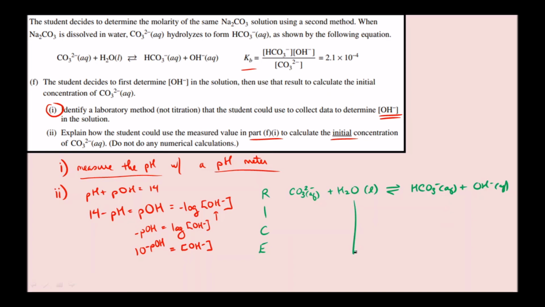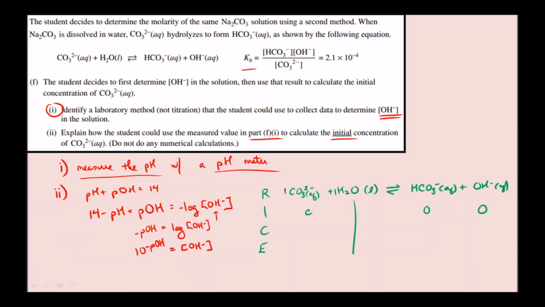And so what do we know about the initial condition? Initially we have 0 bicarbonate and 0 hydroxide. And we have some concentration of carbonate. So we'll just call that C. It's an unknown. And then the change, we can look at the coefficients.